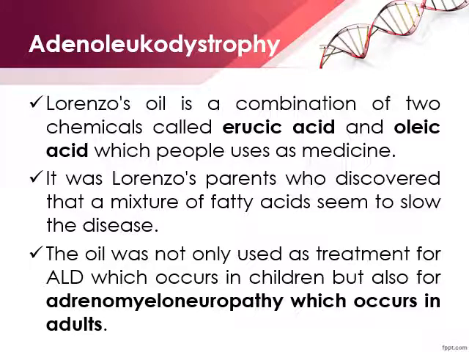Lorenzo's oil is a combination of two chemicals, erucic acid and oleic acid, which people use as medicine. It was Lorenzo's parents who discovered that the mixture of fatty acids seems to slow the disease. The oil was used as treatment not only for adrenoleukodystrophy, which occurs in children, but also adrenomyeloneuropathy, which occurs in adults.